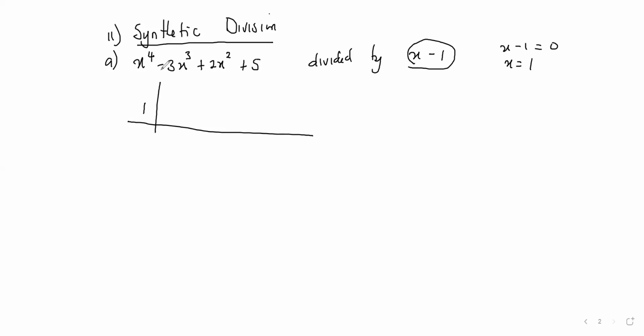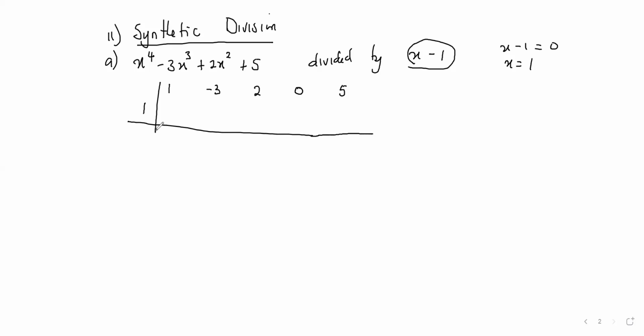And then now you get the coefficients starting from the highest power. So 1 for x power 4, minus 3 for x power 3, 2 for x squared. Because we don't have x power 1, we'll pick 0 for that. And then 5. If you don't pick 0, whatever you do down will be wrong. So the missing x power we represent by 0, because the reason why it's missing is because it's being multiplied by a 0.